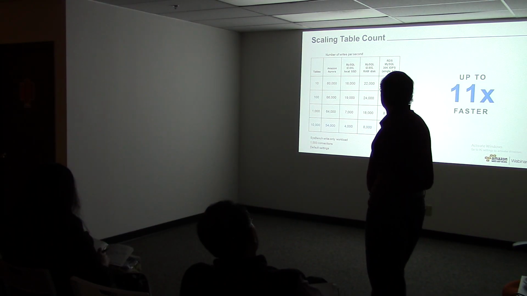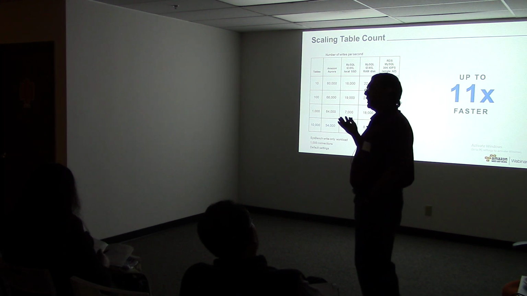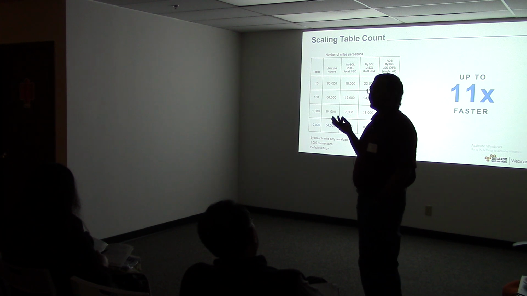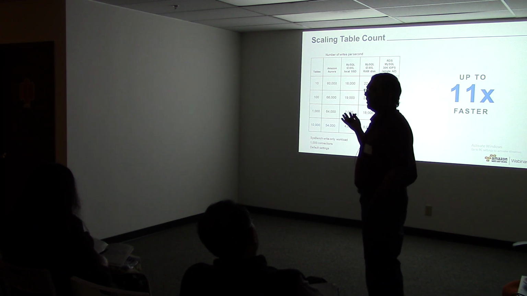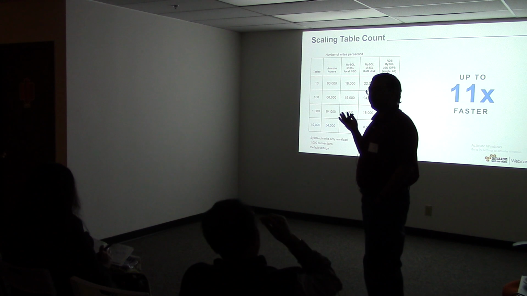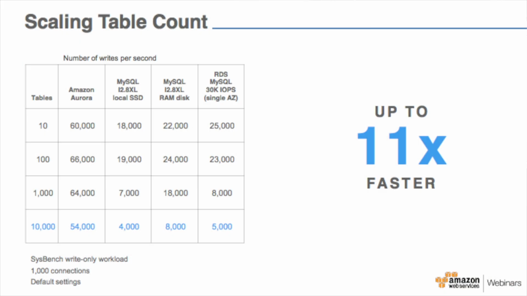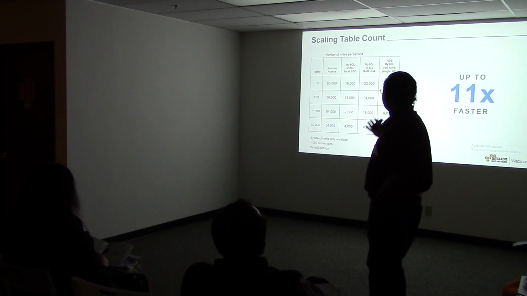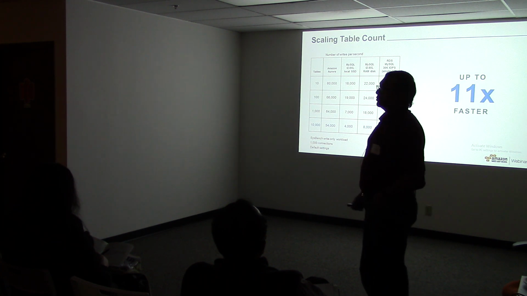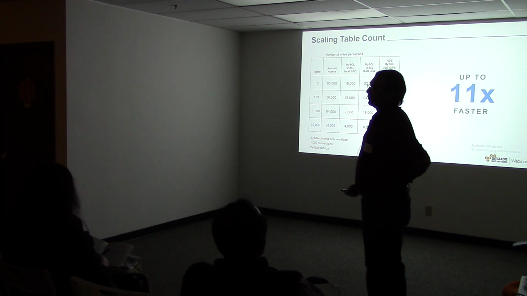And if you look at the numbers, it doesn't quite matter what type of storage you're using, whether network storage or local storage. There are some other things in the database which really are the bottleneck here. And it goes down from 25,000 or 18,000 in case of local SSDs, all the way down to 4,000 or 5,000 when you grow to 10,000 tables, right?